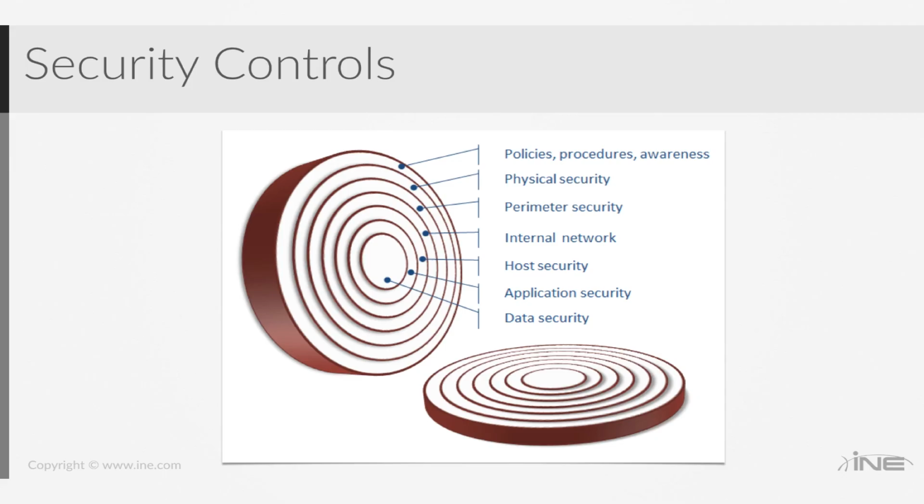If you look at this, it is describing a lot of different layers, just like an onion, right? So in the outer layer, you have policies, procedures, awareness, right? And then comes physical security, right?